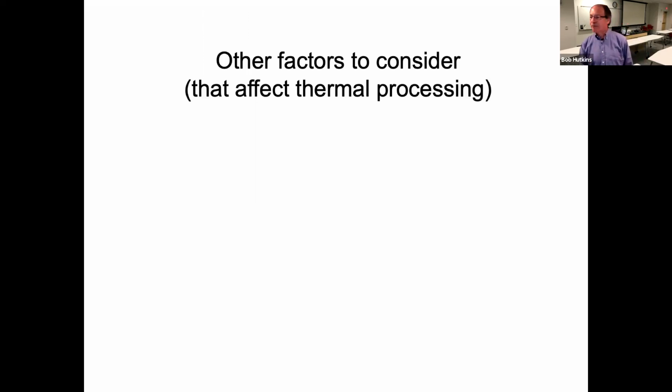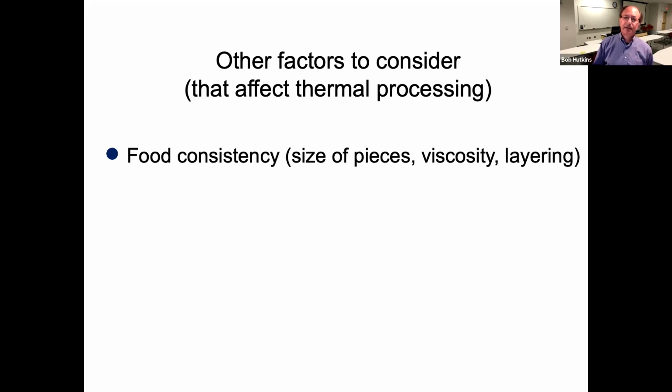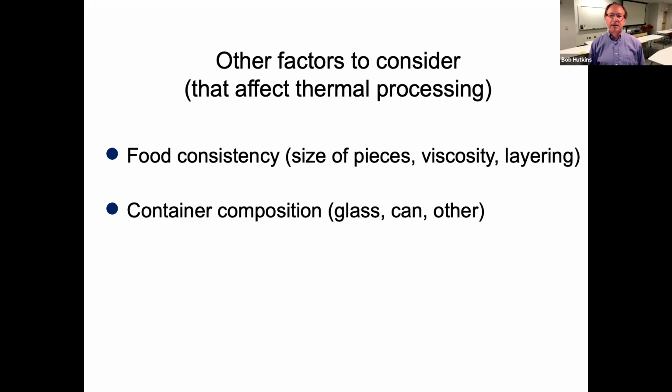Okay, so some other factors to consider that also affect thermal processing. For example, if you think of a can, the consistency of the food. Is it peas in a brine? Is it chili? Is it tuna? All these things, the size of the pieces, the viscosity, the layering.